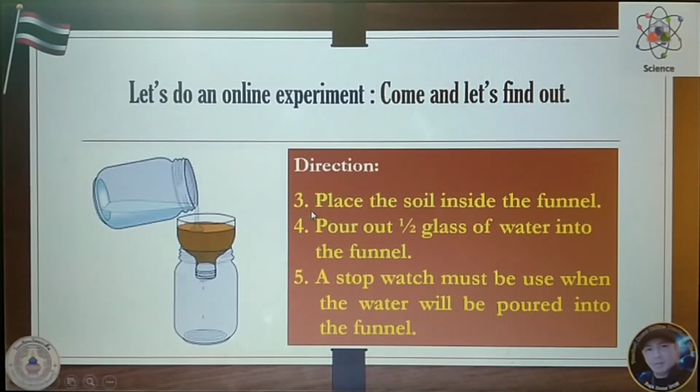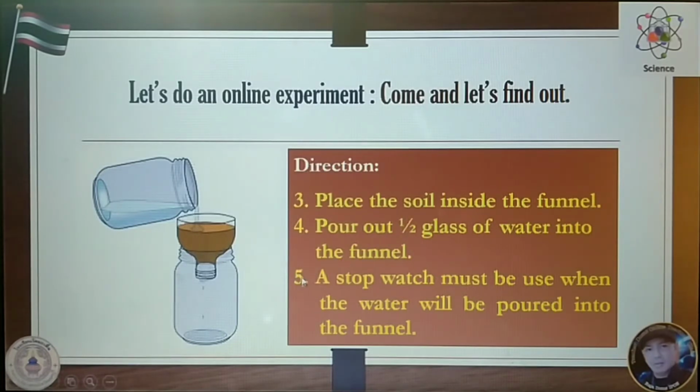Number 3, place the soil inside the funnel. Number 4, pour out 1/2 glass of water into the funnel.